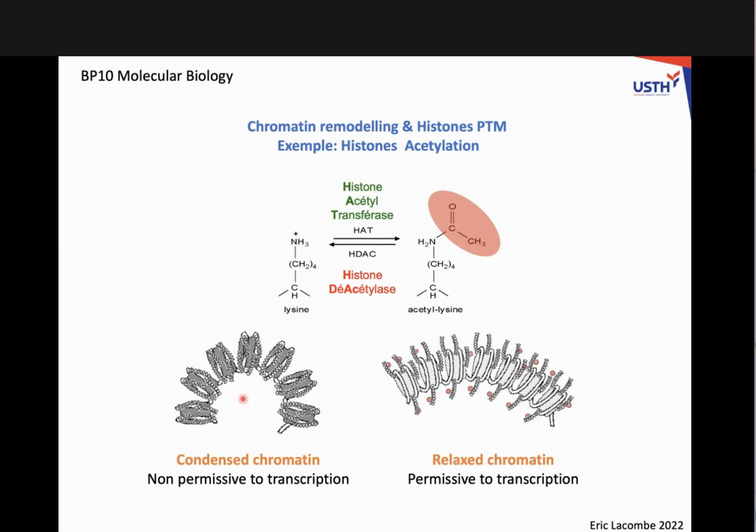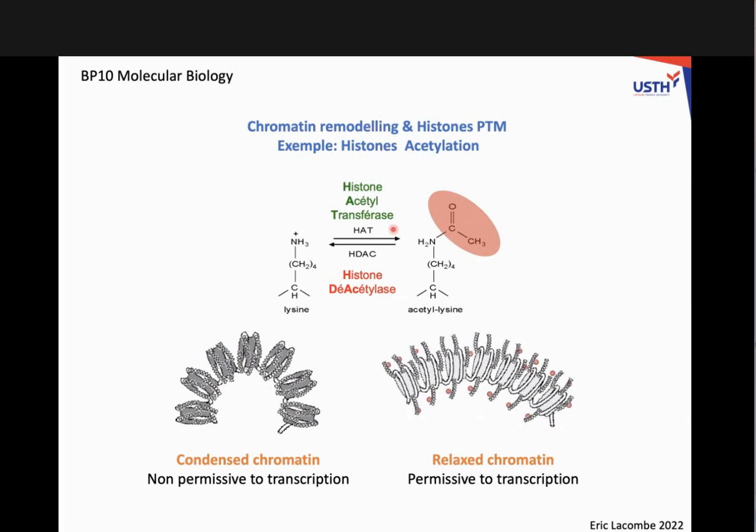It means that I can shift from condensed to relaxed or relaxed to condensed only with the relative activity between these two enzymes. For example, if in one particular context only histone acetyltransferase, we call that HAT, is active and the histone deacetylase is not active, what's going to happen is that the lysines are going to be acetylated and we shift from condensed to relaxed.